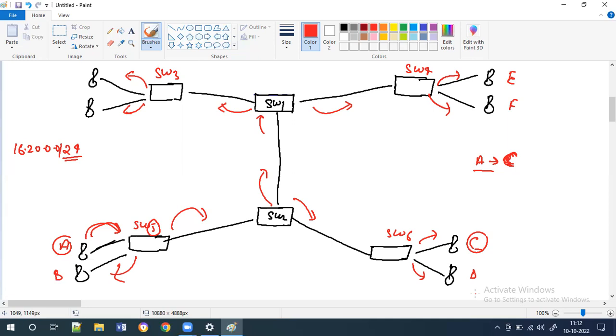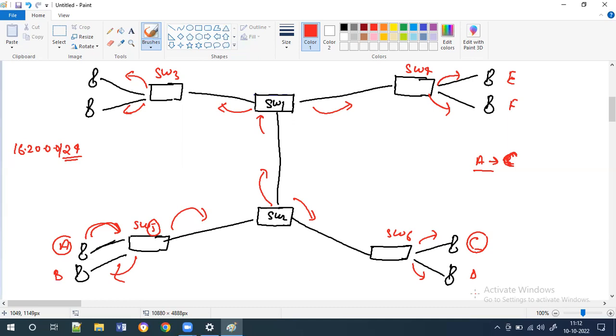DORA means discover, offer, request and acknowledge. Discover is itself a broadcast frame. So all the PCs are sending a broadcast message into the domain to get the IP address from DHCP. And that is the first point.